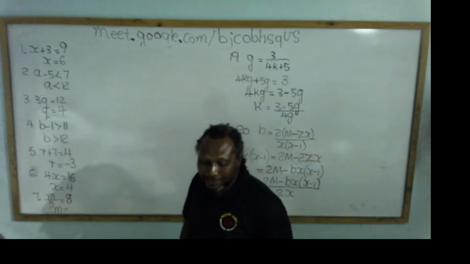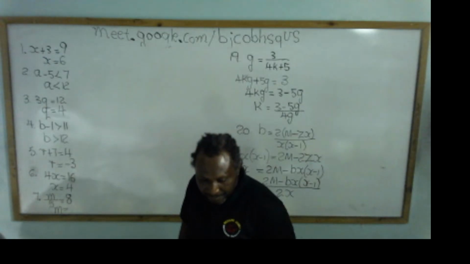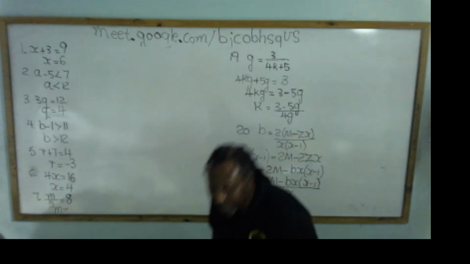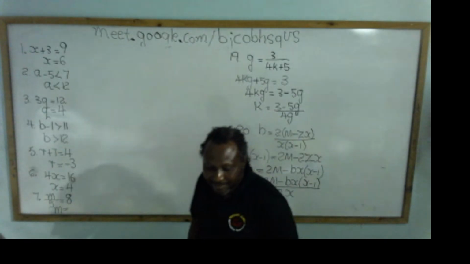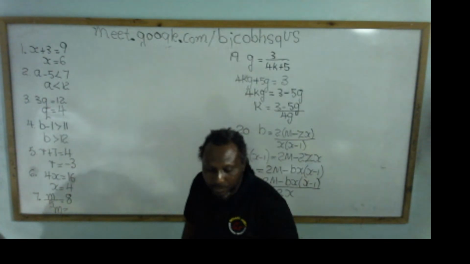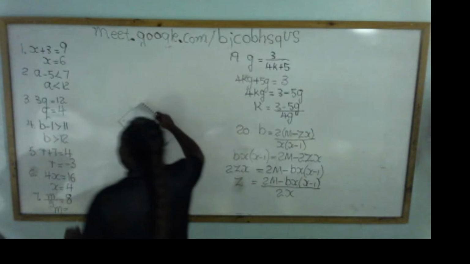I'm still waiting for the answer. Some students imagine that I've given up. So let me hear the answer. One more second. Since we are dividing by 5, we will multiply by 5. So 5 times 8 is 40.